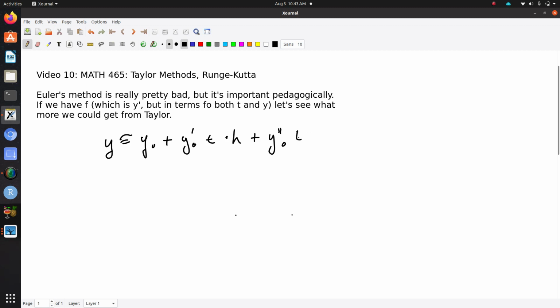And then h squared over 2. I'm sorry, h squared. I'm just going to get rid of the t, so it's a little less confusing that way. Okay, and so this is h squared over 2 plus y triple prime of 0, h cubed over 6, and so on and so forth.